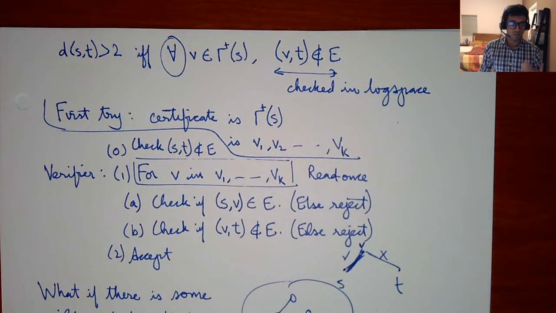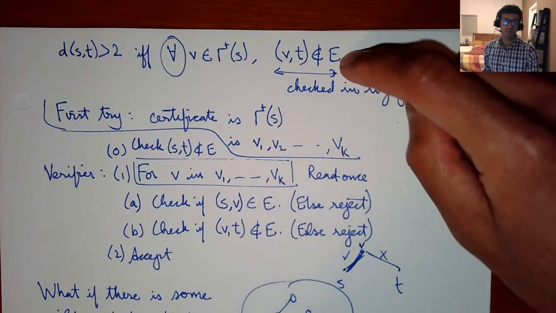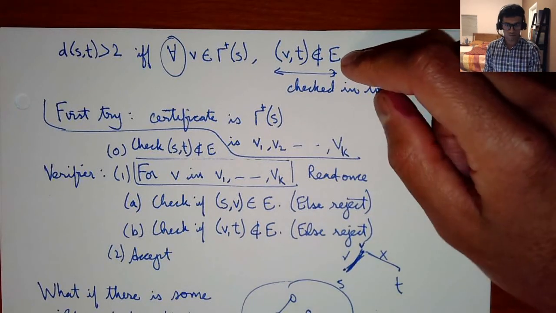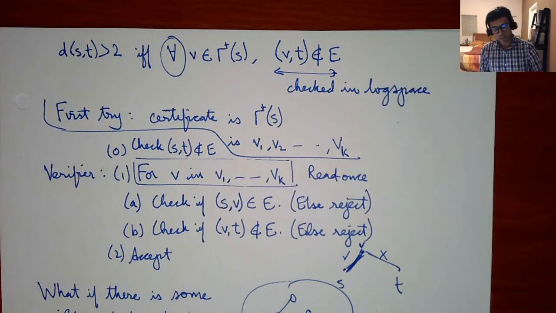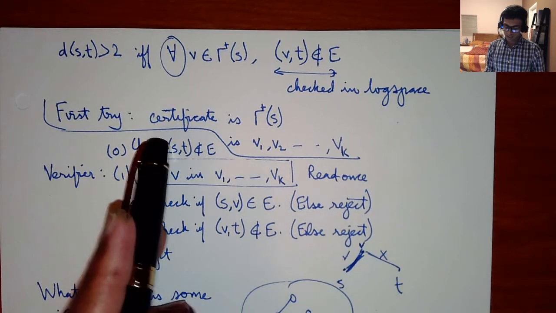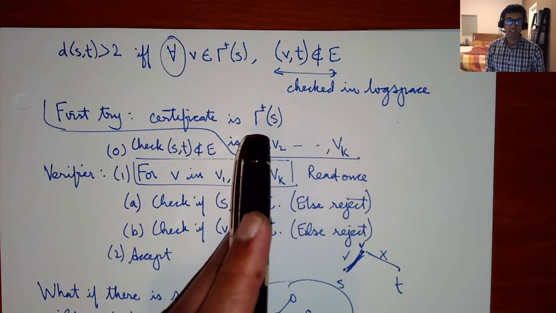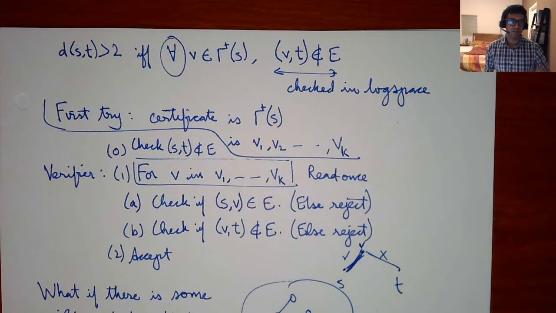So this is like a for-all condition where the predicate can be checked in log space. Let's give a first attempt at a read-once certificate. Note that the certificate can only be read once. Let's say the certificate is the out neighborhood of S, so it's just V1, V2 up to Vk, which are the out neighborhood.